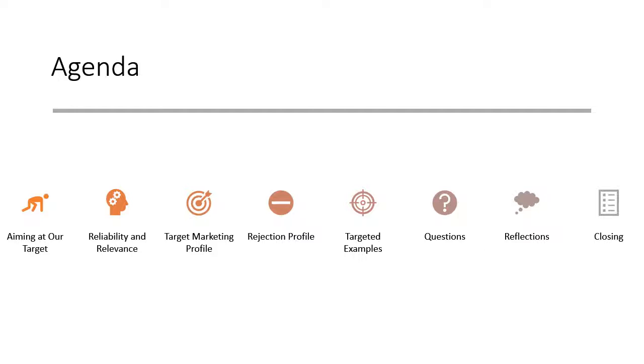We will then discuss the actual target marketing profile that we've established, as well as the rejection profile we will use to protect our investment. Next, we will have targeted examples that will show how the profiles work together in tandem to shape and mold our marketing efforts. We'll stop for some questions, and then we'll continue with reflections on the analytic tools we used, as well as a closing for our entire presentation.